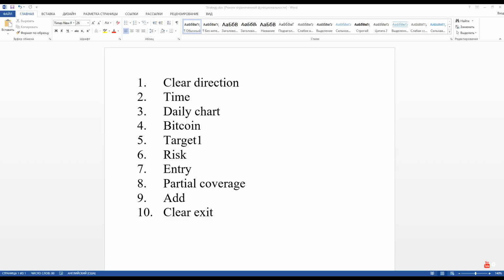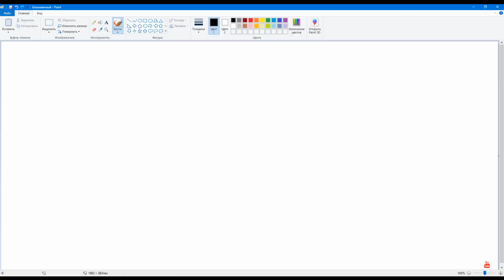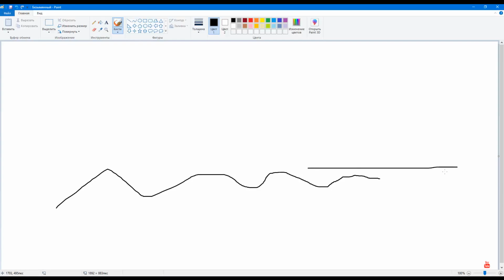You must clearly define the scenario that you're waiting for. And there shouldn't be two opinions, for example, buy and sell in one situation. For example, you have some daily charts, and in your algorithm, in your strategy, you have two options.